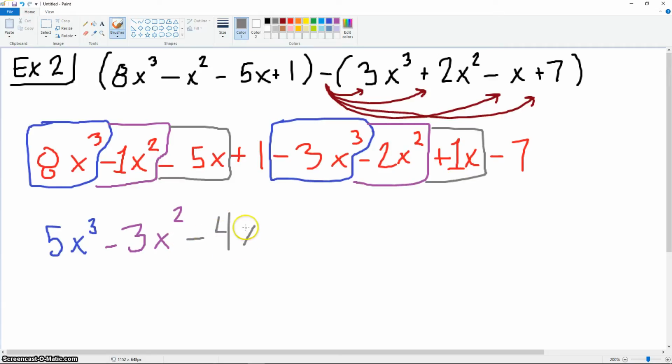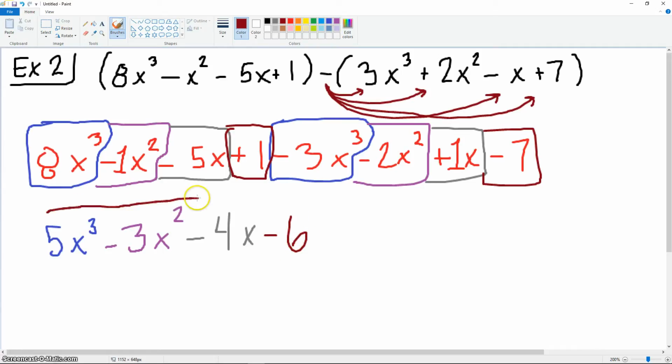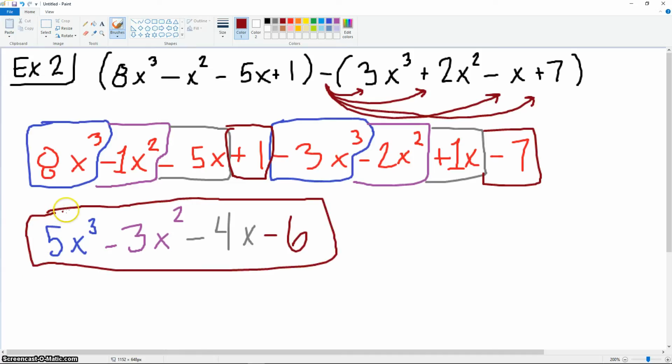And then we're left with plus 1 minus 7, and that's going to be a negative 6. So our answer for this one is 5x cubed minus 3x squared minus 4x minus 6.